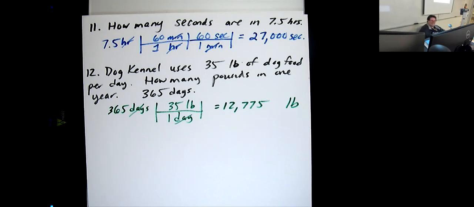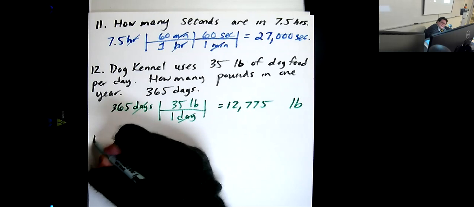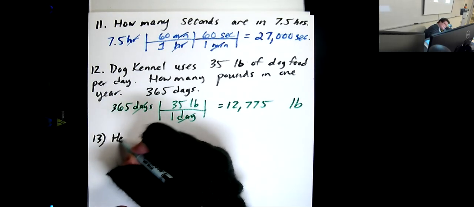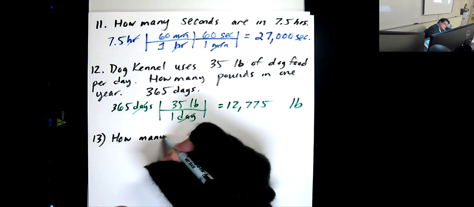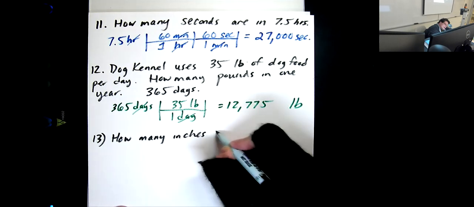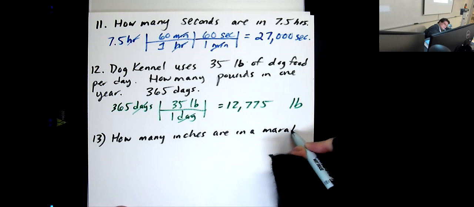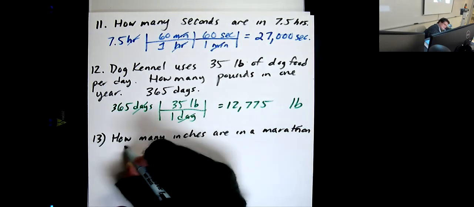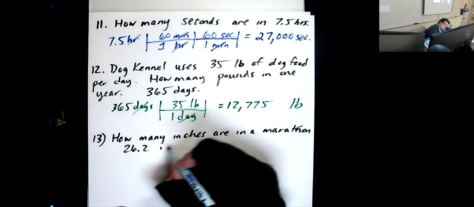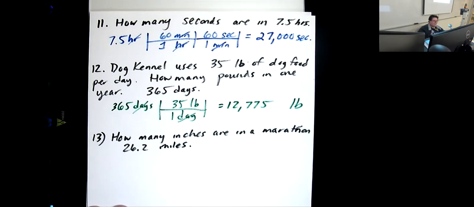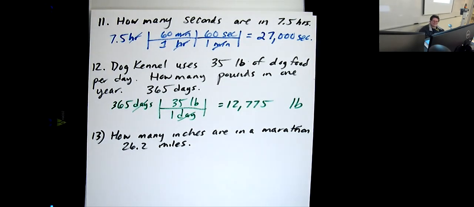Next question for everyone else right now is, how many inches are in a marathon? A marathon is 26.2 miles. For Mason, I want to know how many decimeters that is.